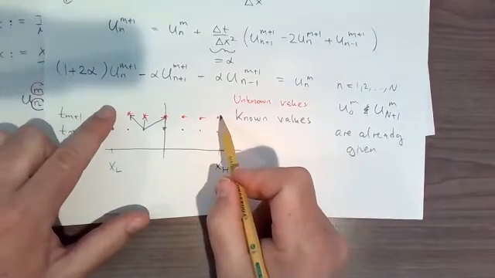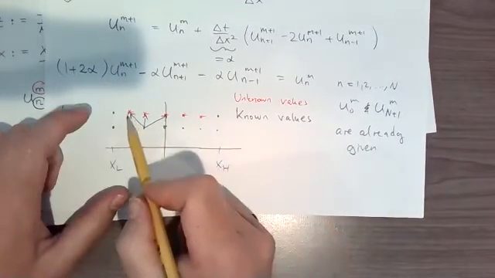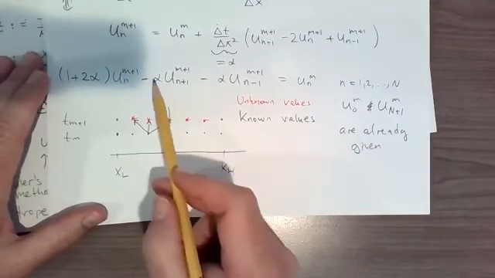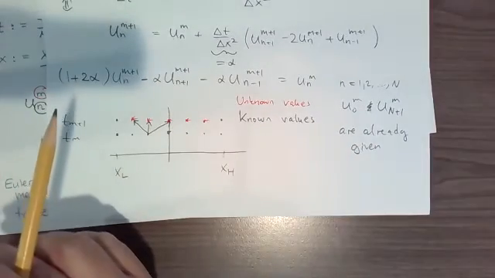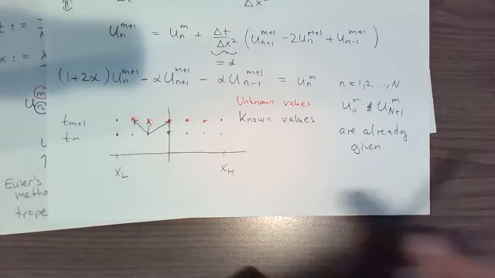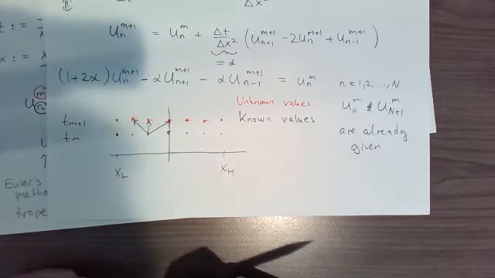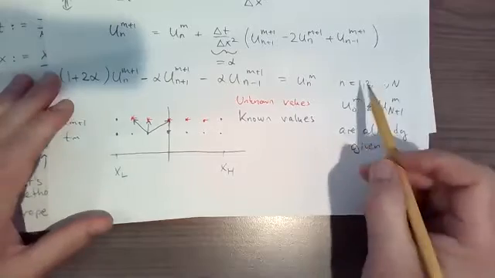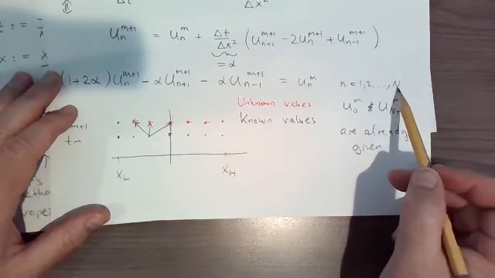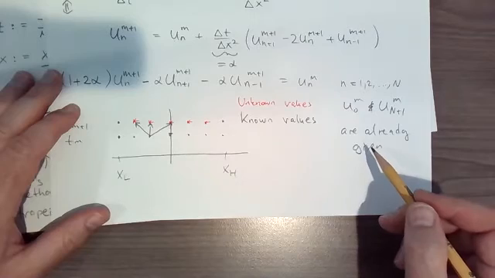So you don't need to determine the ones out here on the boundary, but you do need to determine all the ones in the middle. And so you're going to get a system of equations that has to be solved, for n equal to 1 up to capital N. So this is a coupled system of equations that you have to solve.